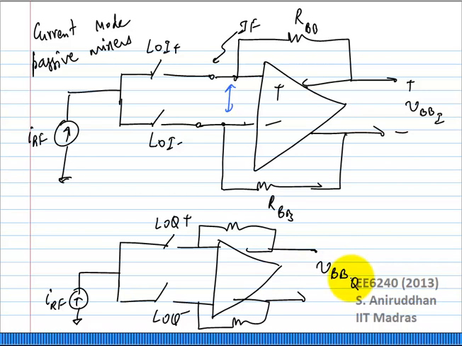I can have two separate DACs and so on. From beyond this point, I'll have two separate in-phase and quadrature channels. Okay, and this is quite often the preferred way of dealing with these because it offers several advantages.